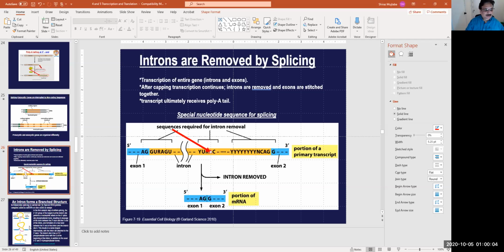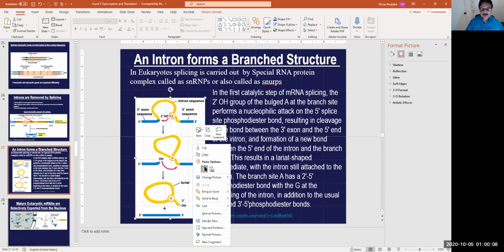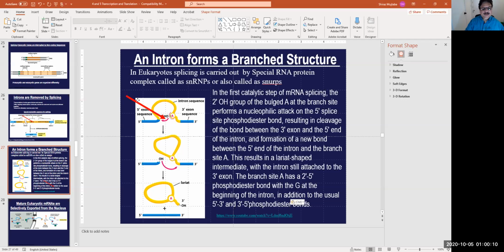And why does it play it? This adenine nucleotide has a 2' hydroxyl group, and it begins a nucleophilic attack at the junction of this intron and exon. So this is the junction, right? The yellow is intron and the blue is exon.